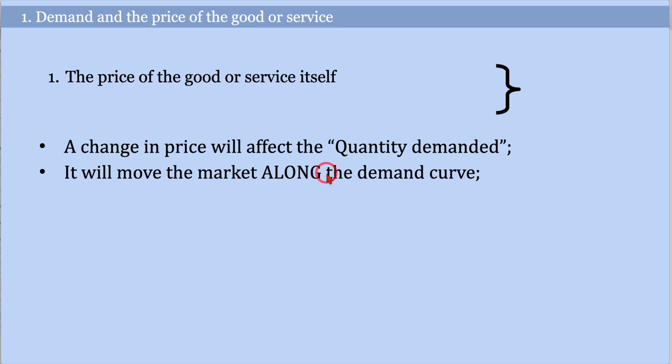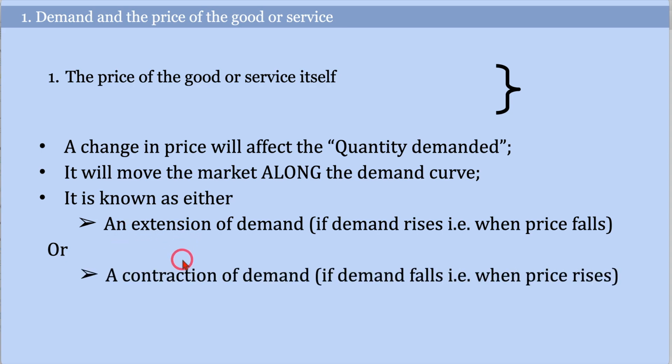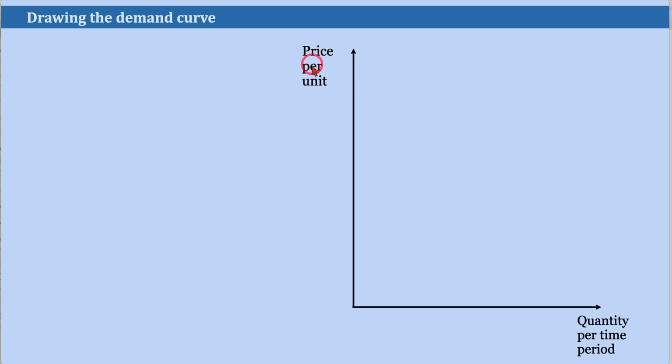That's absolutely vital. And it's known either as an extension of demand, or a contraction of demand. Extension means the demand is going up, just like an extension to your house makes your house bigger, and contraction is when it gets smaller. Okay. All right. So as I say, we put here on this axis the price per unit.